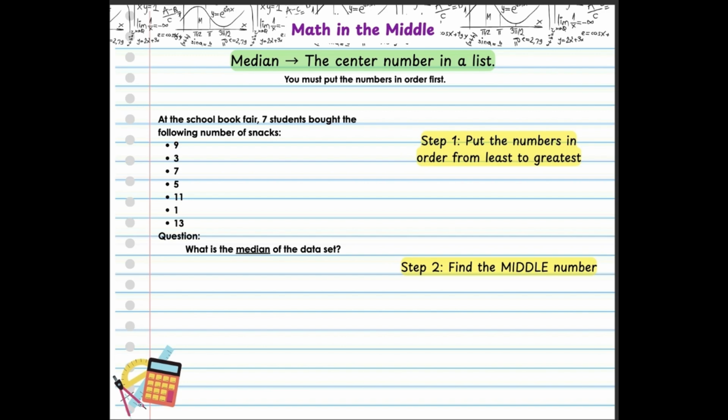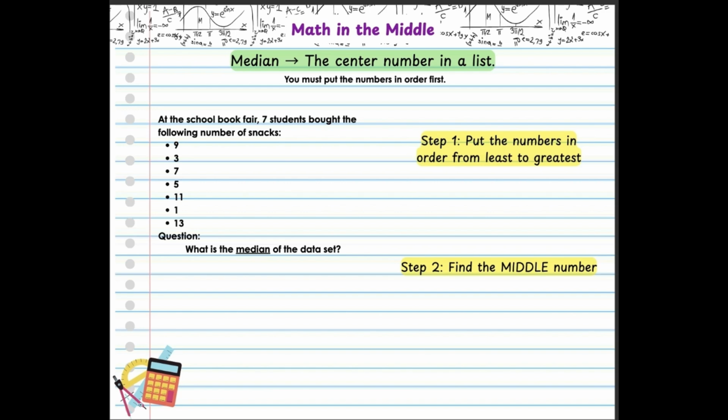So let's take a look at our question. At the school book fair, 7 students bought the following number of snacks: 9, 3, 7, 5, 11, 1, 13. So the question they're asking is, what is the median of the data set? What is the middle number in this number line?